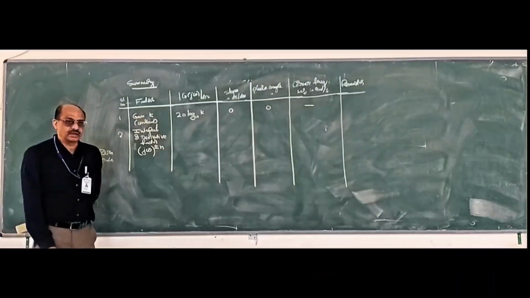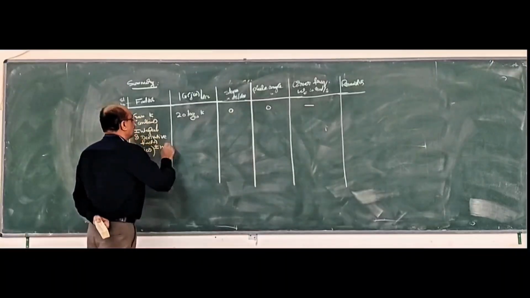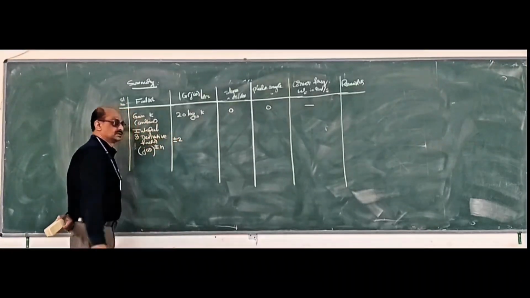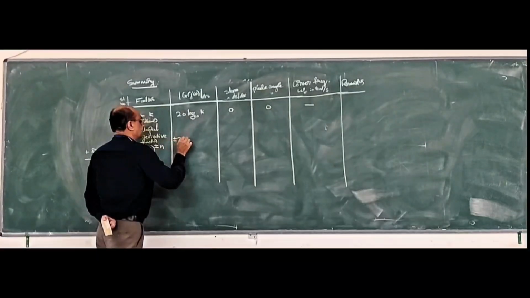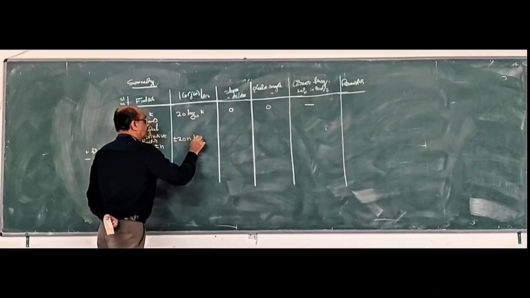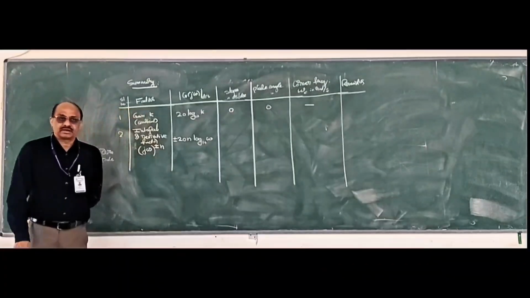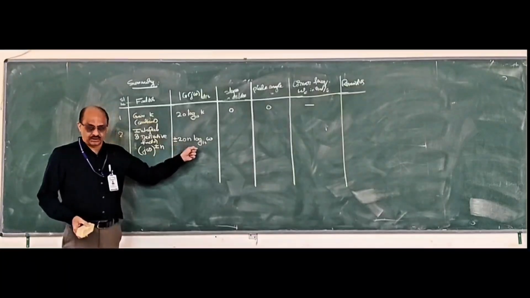If I have n number of zeros or poles, then this gain is equal to plus or minus 20 n log omega with base 10. Note that if I have 1 pole, it is minus 20.